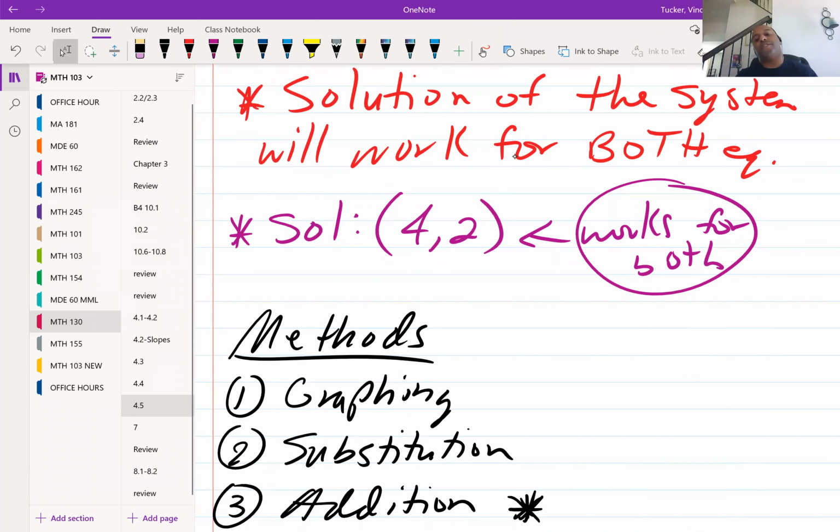All right, so we have 3 methods that will help you solve a system of equations. The first method is graphing. Next one is substitution. Then the third method is addition.